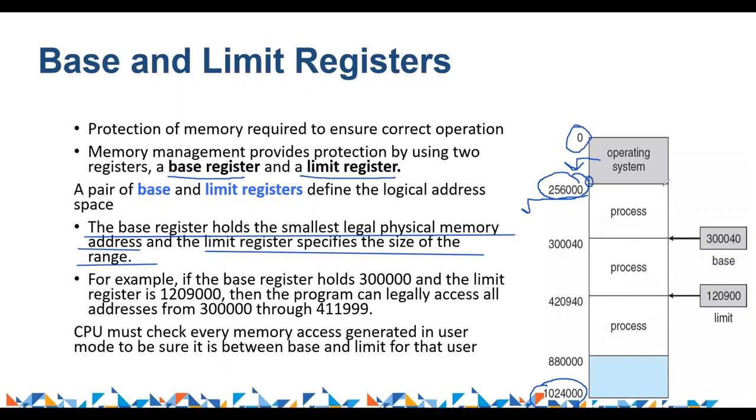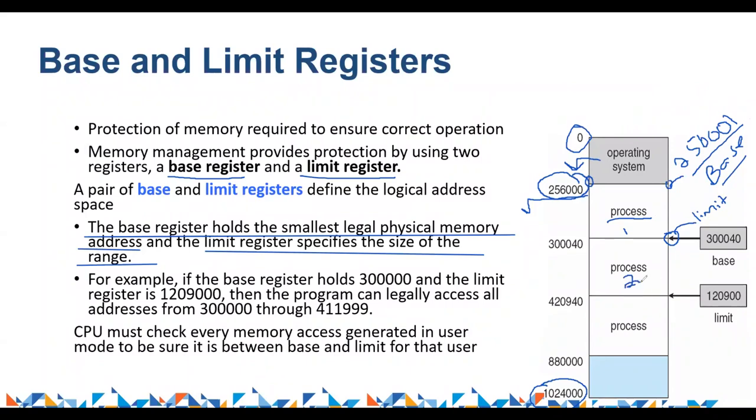When the base register is going to be created, this will be the base register, 256001, one memory location above. So this is the base register for this process, and this will be the limit register for this process, where the limit register is 3004. Let's suppose this is process 1 and this is process 2.